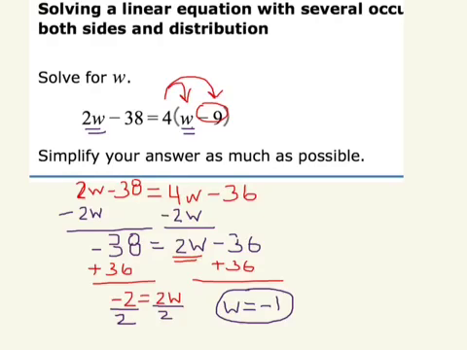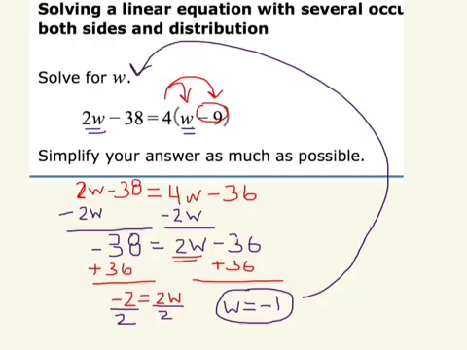And if I want, I can plug that back in up top. I'm bringing this all the way back up into the top of this equation. If W is negative 1, I've got 2 groups of negative 1, which is negative 2 minus 38.